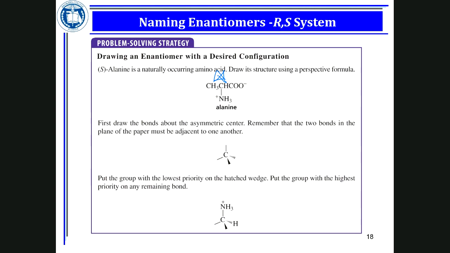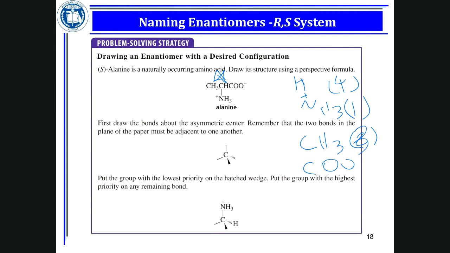You have a hydrogen, priority 4. NH3 is priority 1. CH3 is priority 2. And the COO is priority 2 and CH3 priority 3.